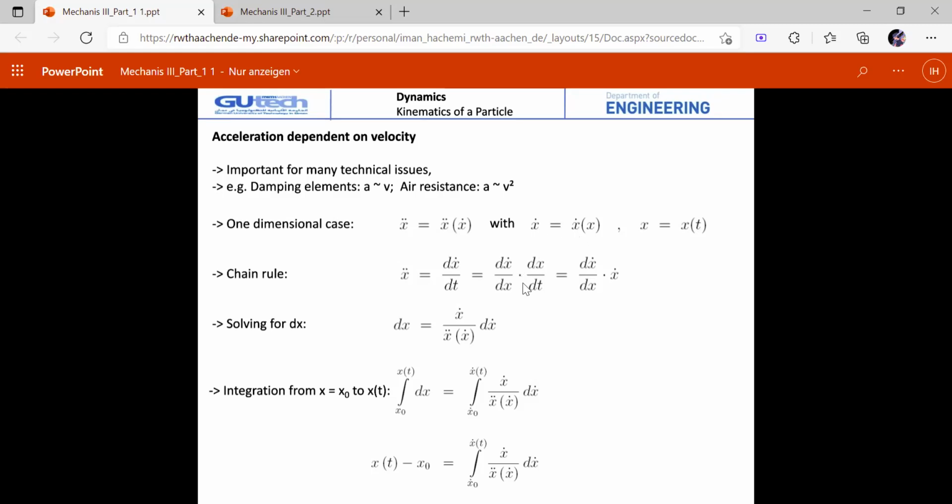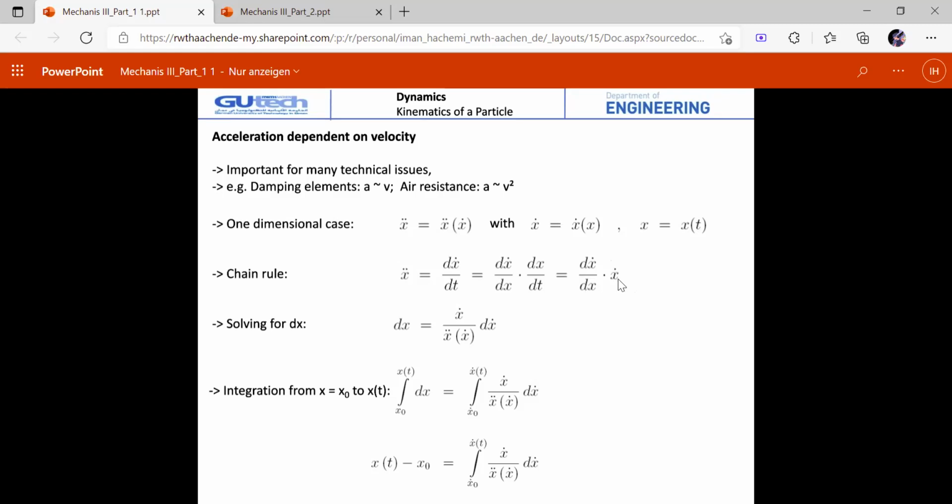Then we have dx dot over dx multiplied by dx over dt. We know that dx over dt is only the velocity. It means that we have dx dot divided by dx, the derivative of the velocity with respect to the position x.